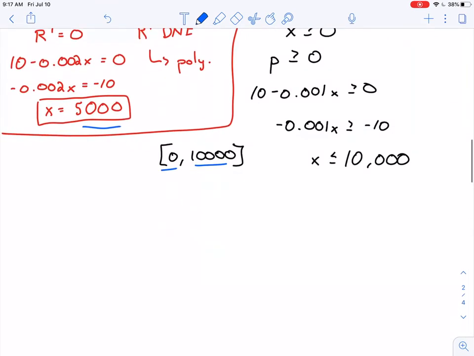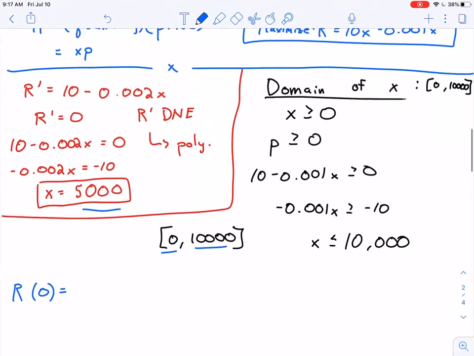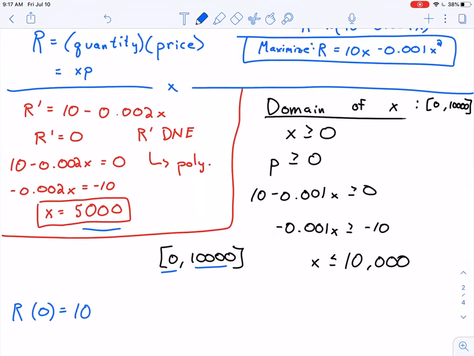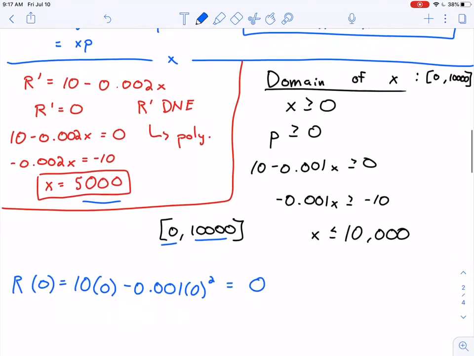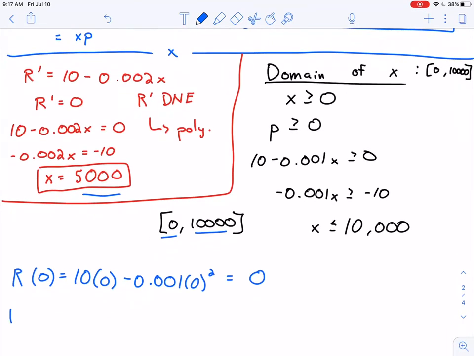So, okay, here we go. My revenue function, let's look at 0 first, just so that we don't forget to come back and do the endpoints. This is 10 times 0 minus 0.001 times 0 squared. This is just 0. Well, that's not very promising.